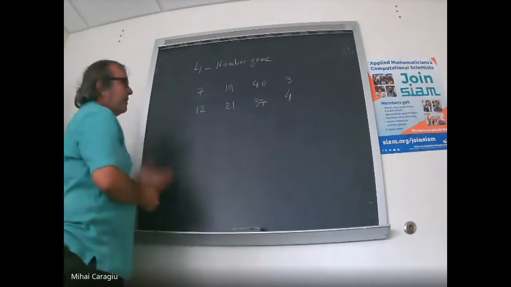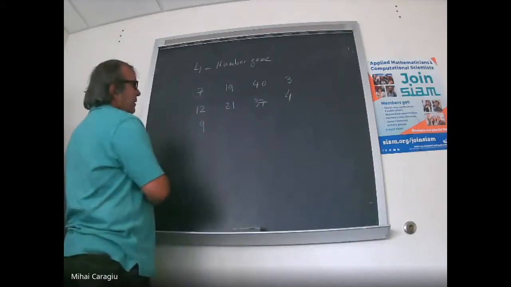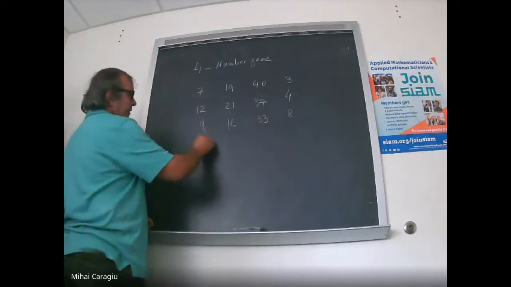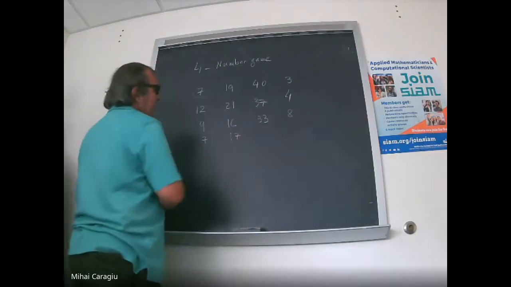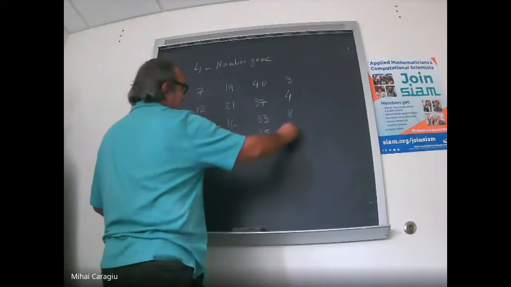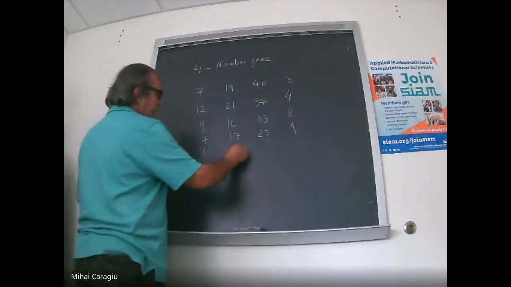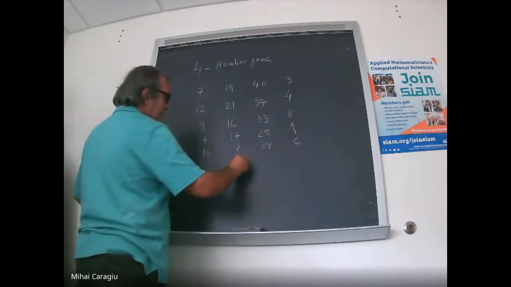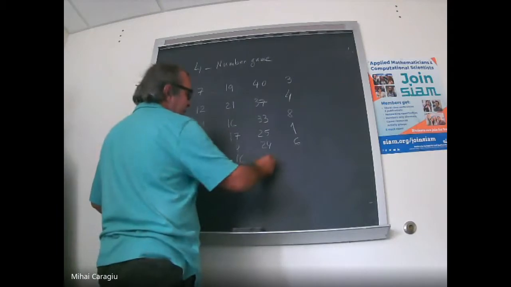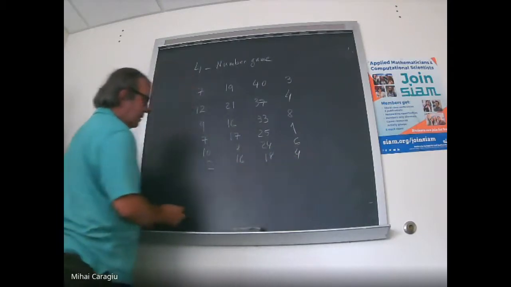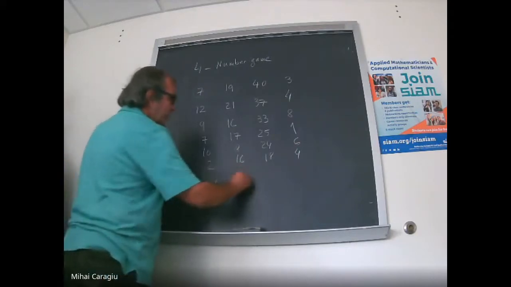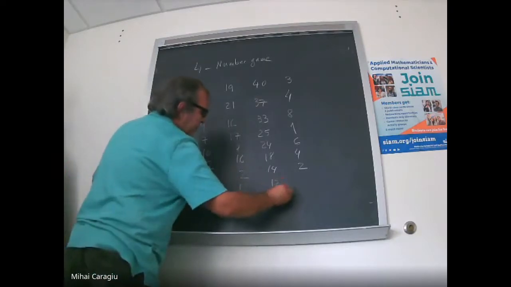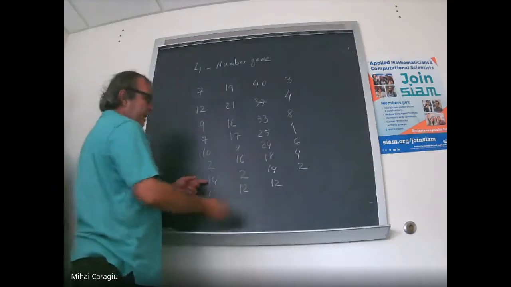Then we continue. We iterate this construction. So 9, then 16, then 33, then 8, then 7, then 17, then 25, then 1, then 10, 8, 24, and 6, then 2, 16, then 18, and 4, 14, 2, 14, 2, 12, 12, 12, and then 2 minus 14 is minus 12, so we get a 12 here.